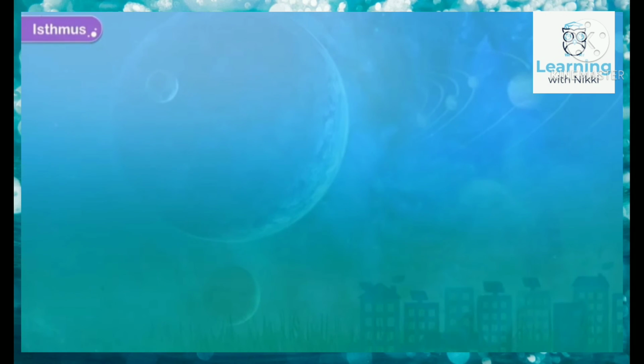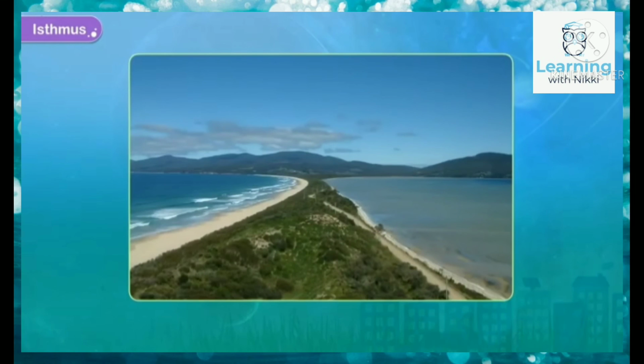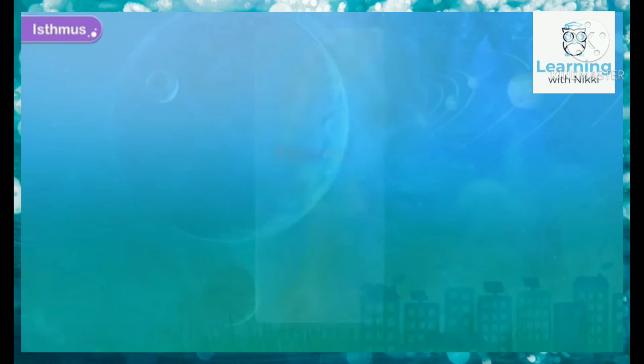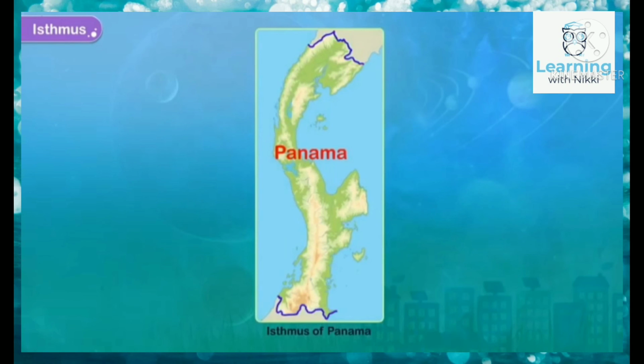Next is isthmus. An isthmus is a narrow strip of land that connects two land masses, usually with water on either side. The Isthmus of Panama connects North America and South America.